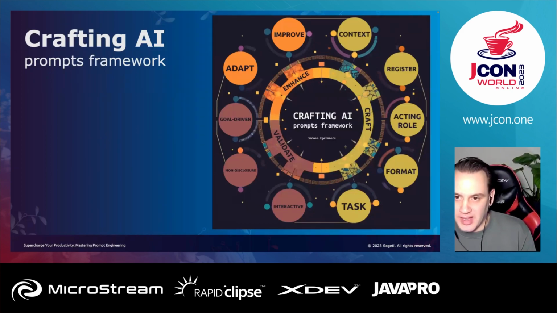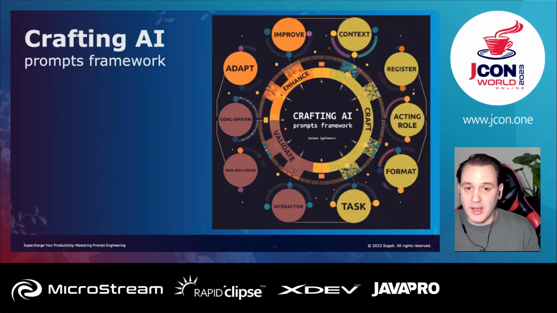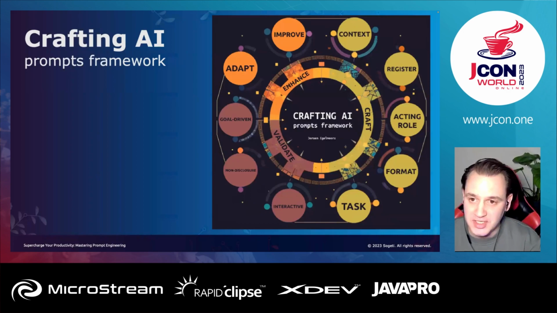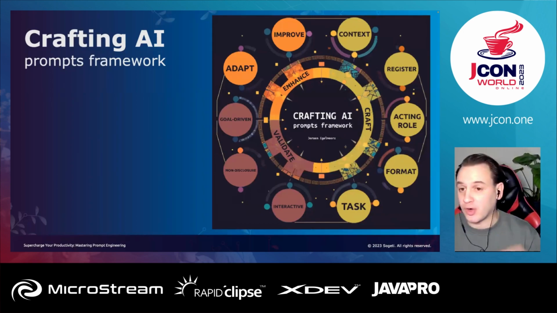I will make sure that happens by the end, and otherwise feel free to ask questions. And please note, I'm using ChatGPT as an example throughout this session, but you can also apply this to other generative AI tools or even the OpenAI API if you're prompting towards it with, for example, your Java applications.